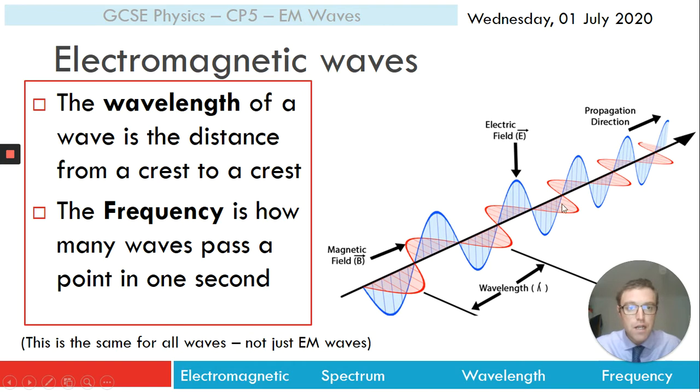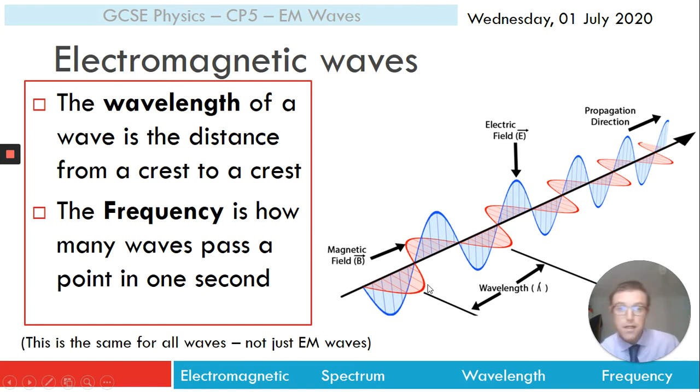As you can see in our model of this wave, we have the wavelength drawn on. And the wavelength of an electromagnetic wave is the distance from one crest to another.